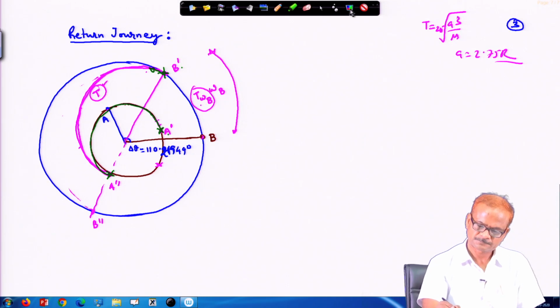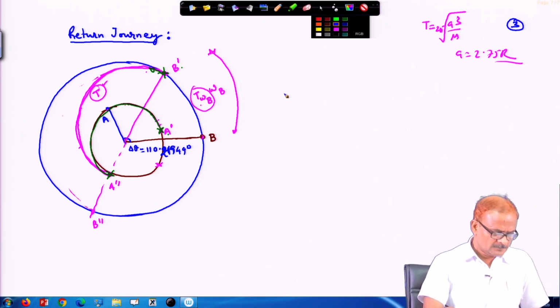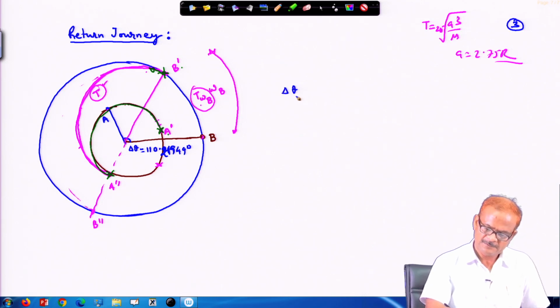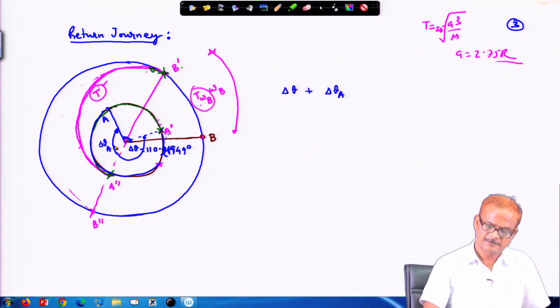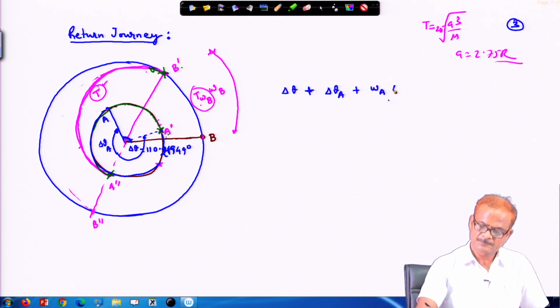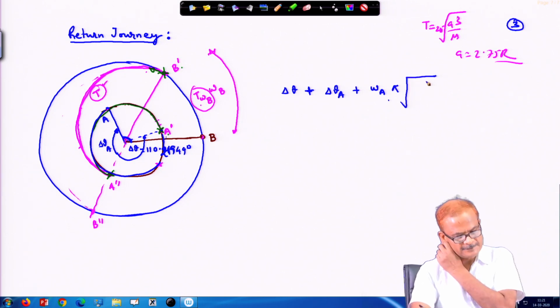So, therefore, we can write from this place delta theta plus delta theta A. This angle is delta theta plus delta theta A, where delta theta A is the wait time, going from this point to this point till A prime. Then the flight time, which is omega A times T, simply T, not T w.